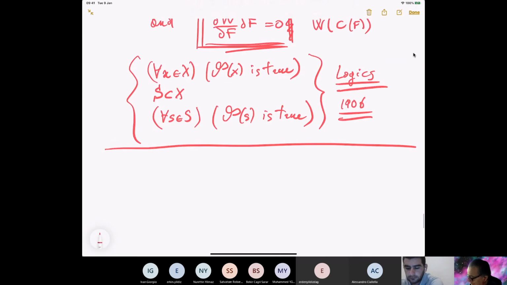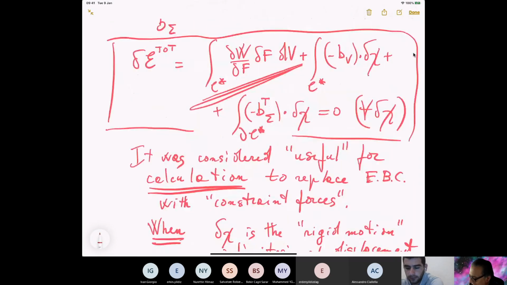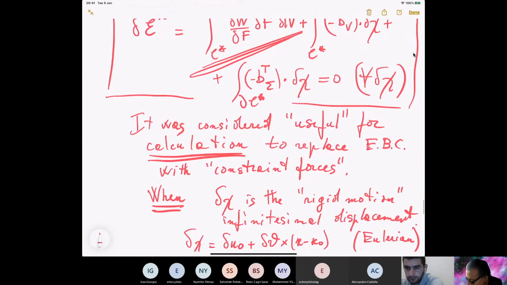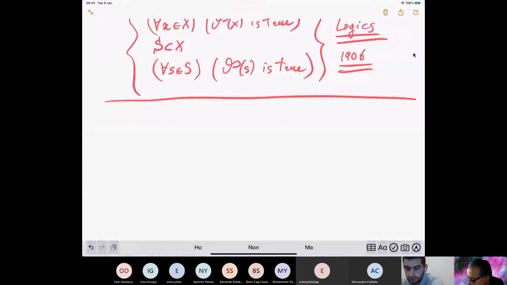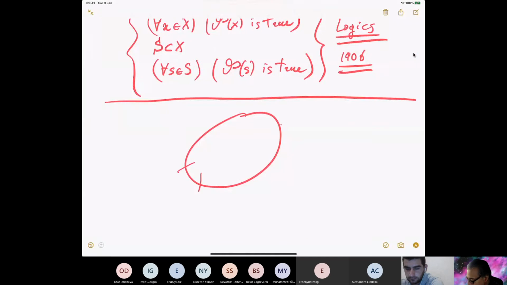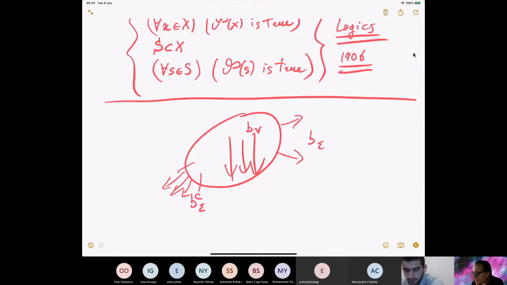I mean, this equality is true for every variation of placement. So I have my equilibrium, with the externally applied forces and essential boundary conditions. Then I replace essential boundary conditions with constrained reactions. Then I say I am in an equilibrium configuration.